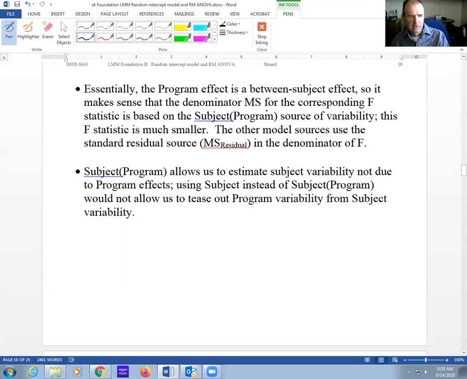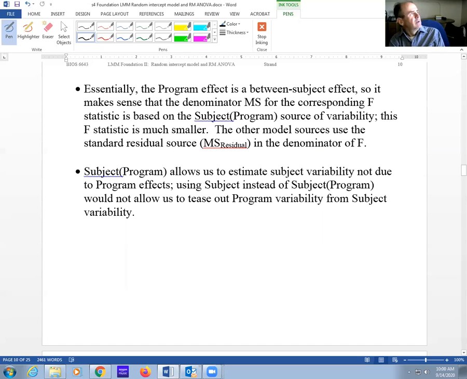So it makes sense that the denominator mean square for the corresponding F statistic is based on a between subject source of variability. In other words, the subject within program. Well, I don't know if I'd call it a between.